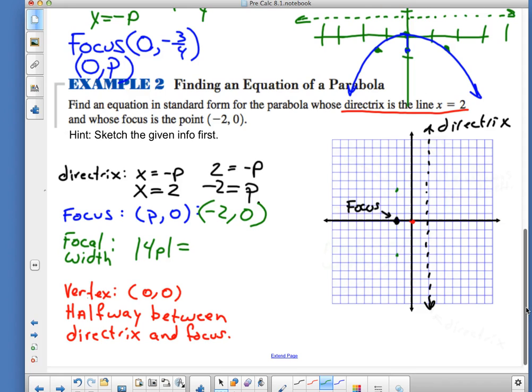I pop in P, that's -2, well, 4 times -2, absolute value is 8. So now, 4 on either side of my focus, 1, 2, 3, 4, and 1, 2, 3, 4, are the endpoints of the chord that is the focal width that my parabola will curve around.